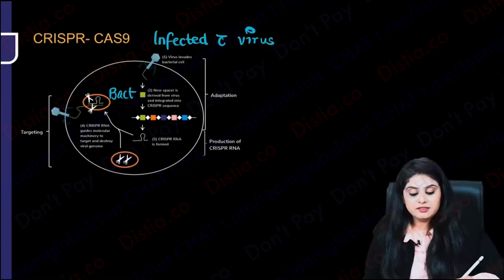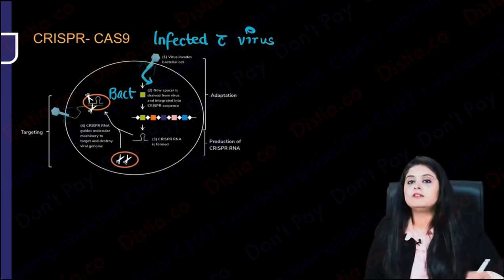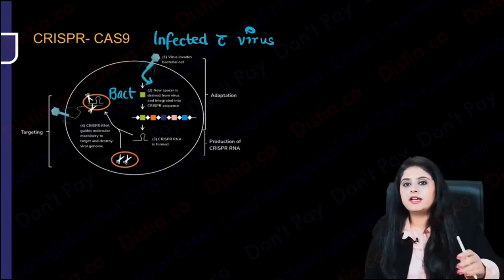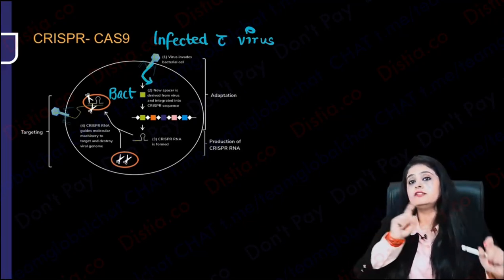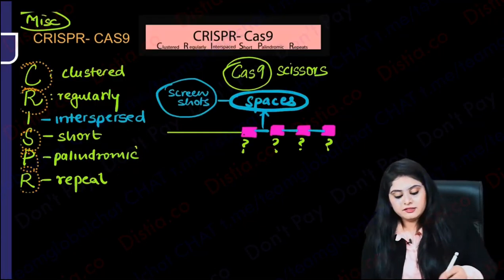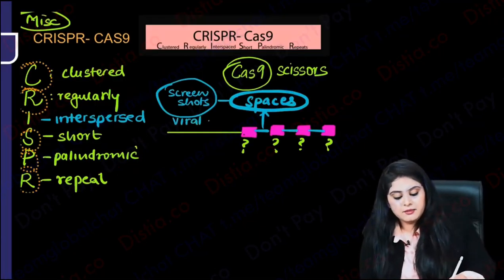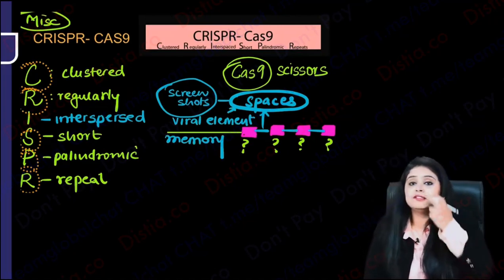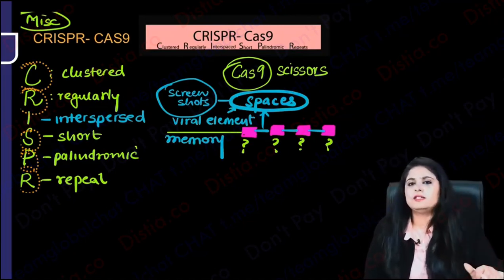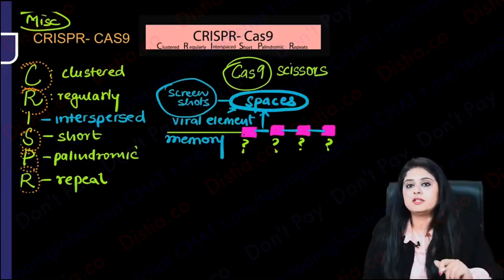The bacteria will say, hang on, I will kill this virus, take its screenshot and save it in its memory. So this is the screenshot of the viral elements, the memory that has come up in the spacers, so that next time if this virus comes and tries to harm me, I will remember it because I have taken a photo of it and kept it in my memory.